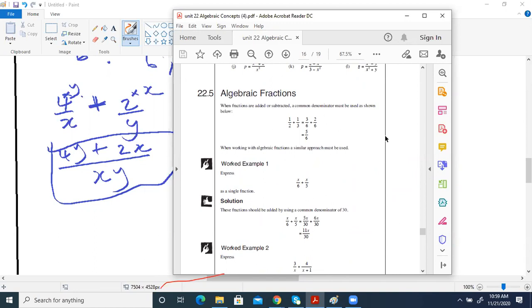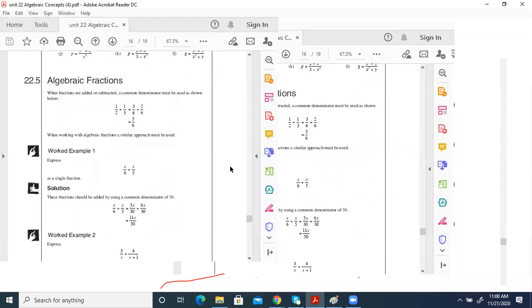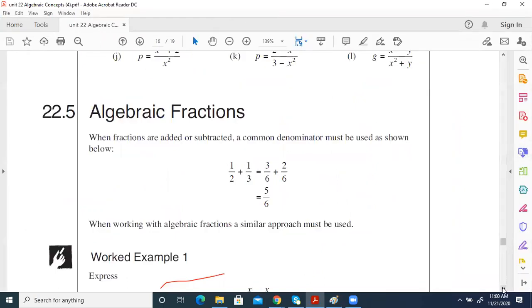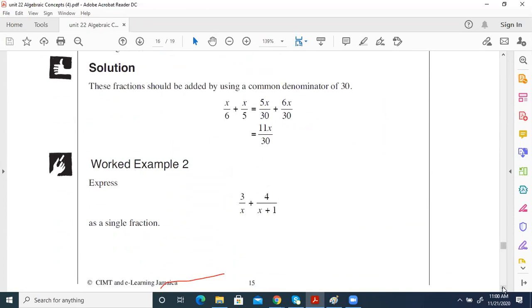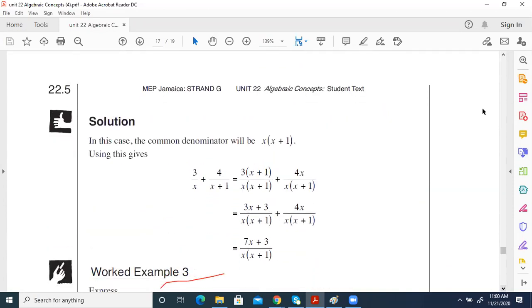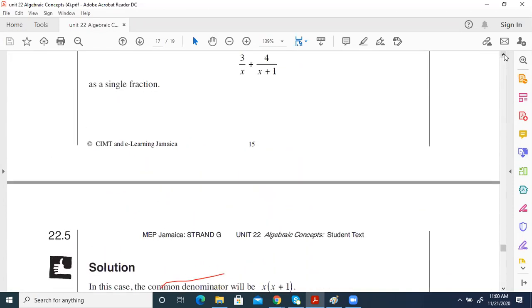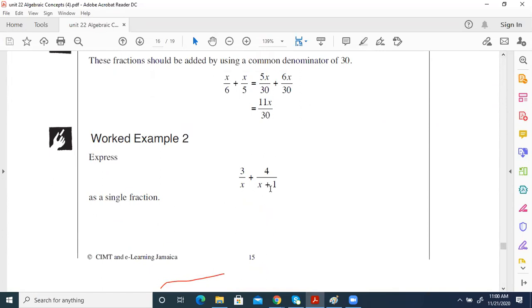See where you have, let me make it bigger, the variables in the numerator. Let me go down. See it here, variables in the numerator, x over 6 plus x over 5. And then if we go down, we'll have some that have x plus 2 or x plus 1 in the denominator with another x.